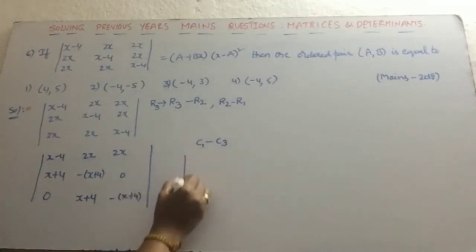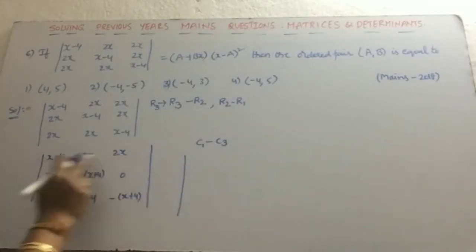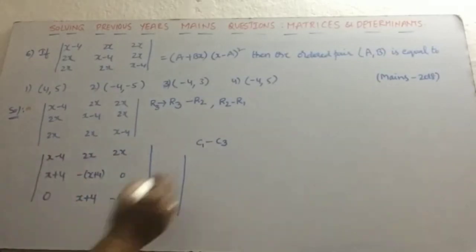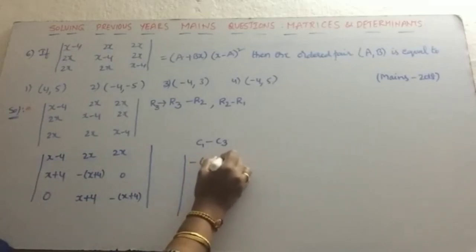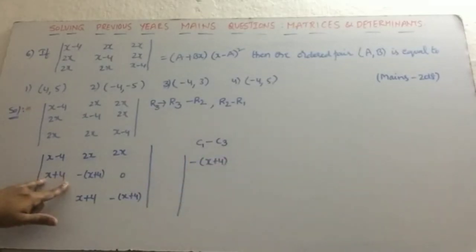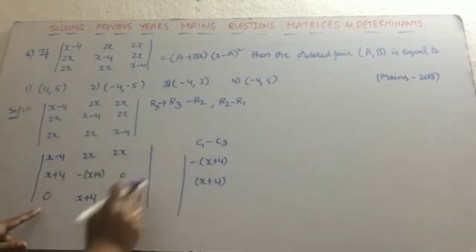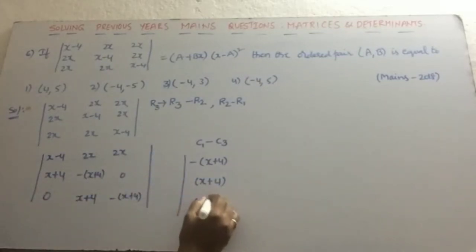So C1 minus C3: x minus 4 minus 2x means minus of x plus 4, x plus 4 minus 0 means x plus 4, and 0 minus of x plus 4 is x plus 4.